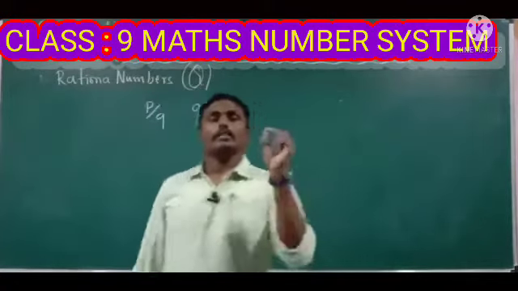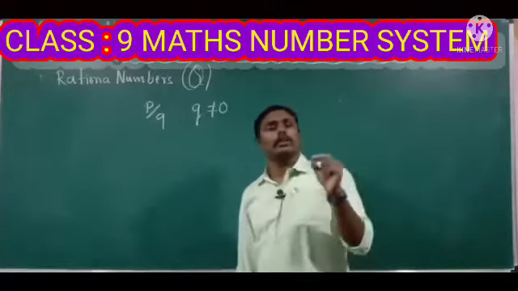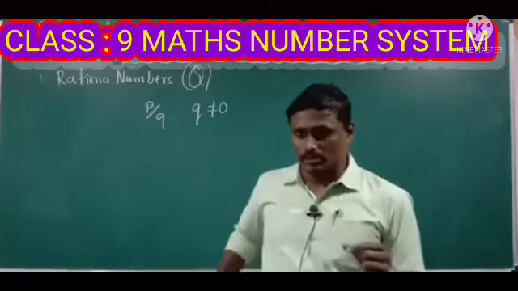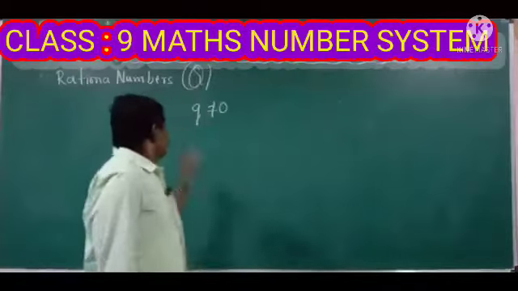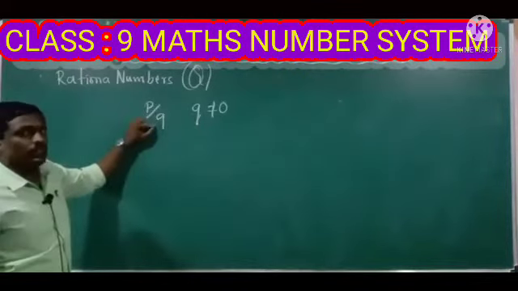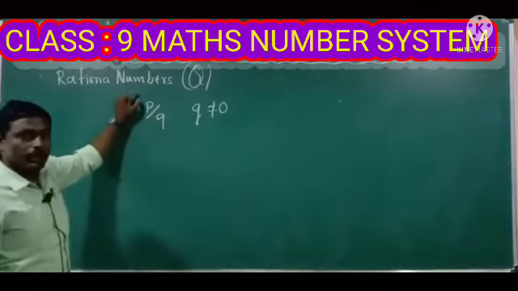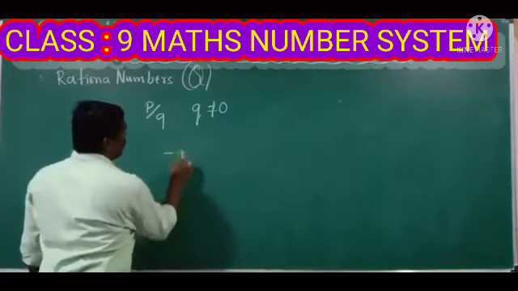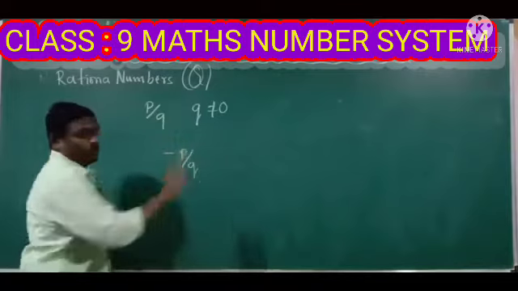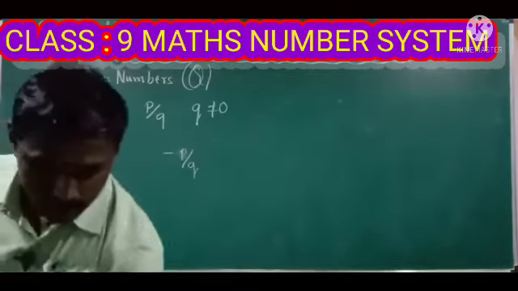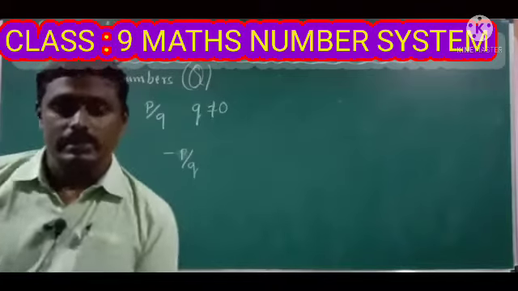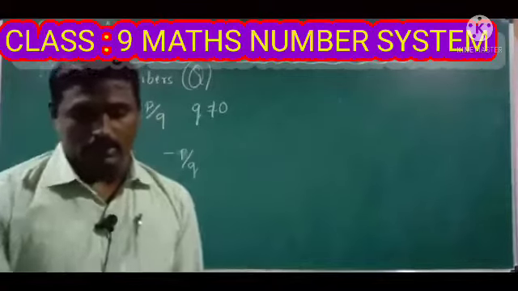So every decimal number is also a rational number. And if P by Q is a rational number, its negative term is minus P by Q. So these are some basic properties of the rational numbers.